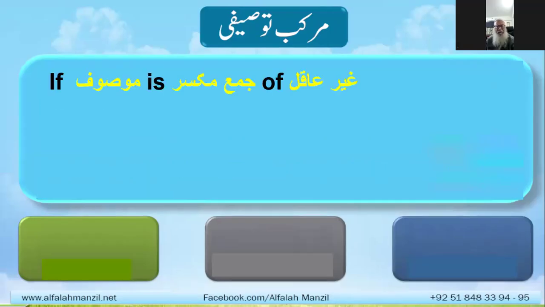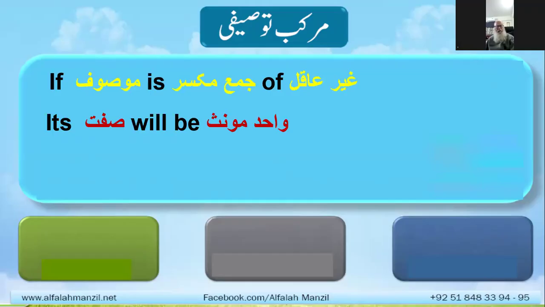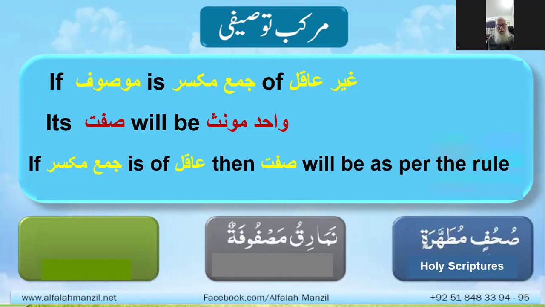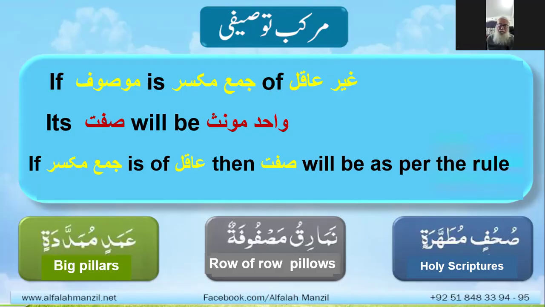Then we say if Mawsuf is Jama Mukassar from Ghair Akil, the Sifa will be the single feminine. If Jama Mukassar is of Akil, then the Sifa will be as per the rule. Just like Suhufil Mutahara, Namariqul Masfufa, Amadin Mumaddada.